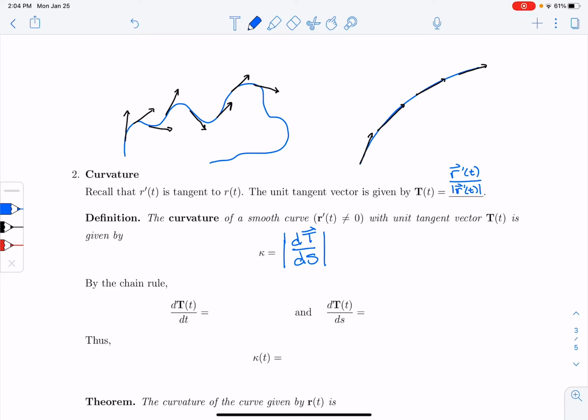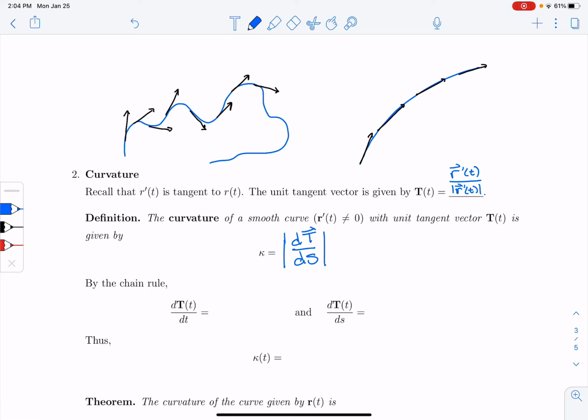Of course, T, as you see it's defined, is not defined in terms of the variable s. It's actually defined in terms of the variable lowercase t. And so we're going to have to figure out how we can rewrite this derivative in terms of the time variable t.